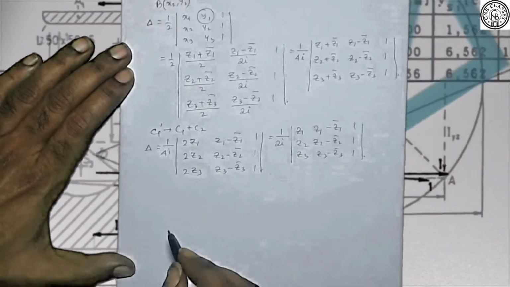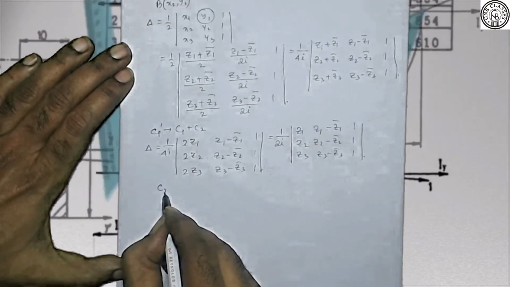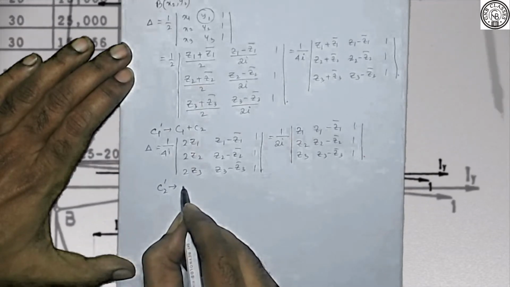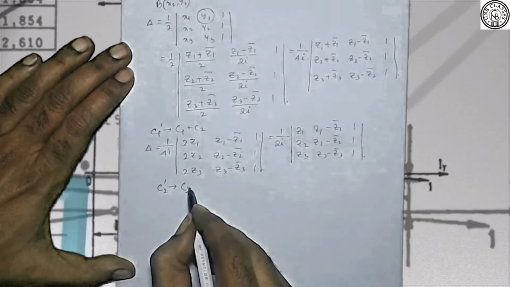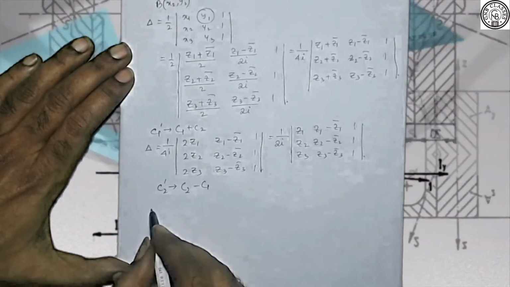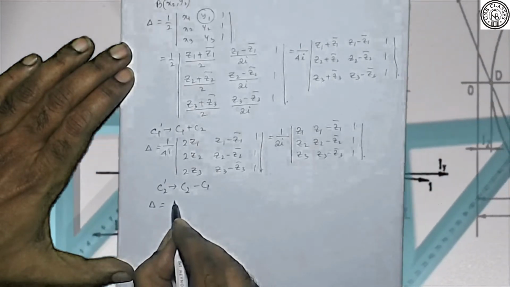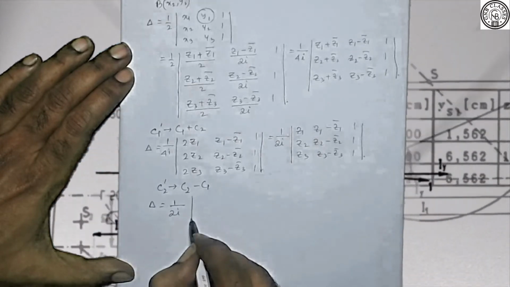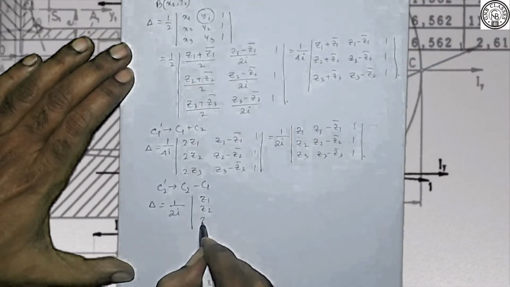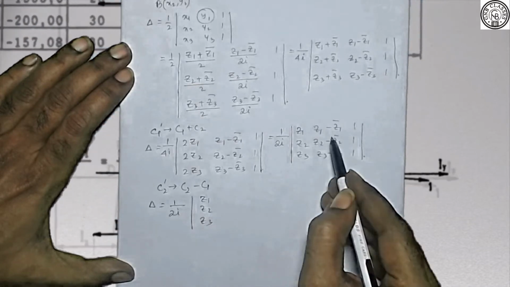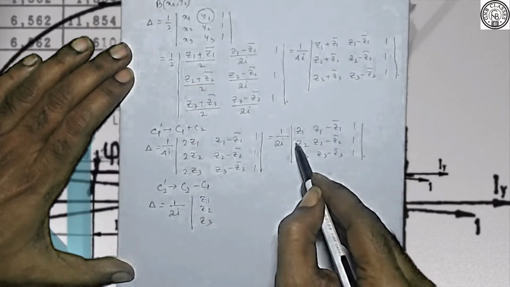Okay. Now what we are doing is basically we are operating column 2 dash is column 2 minus column 1. So what we are having? It's 1 by 2 iota, Z1, Z2, Z3. I'm subtracting column 2 minus column 1.